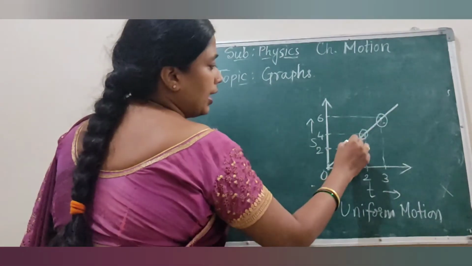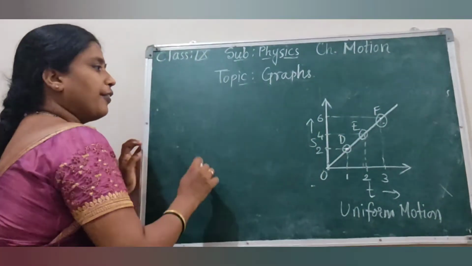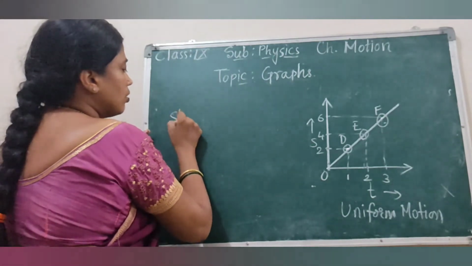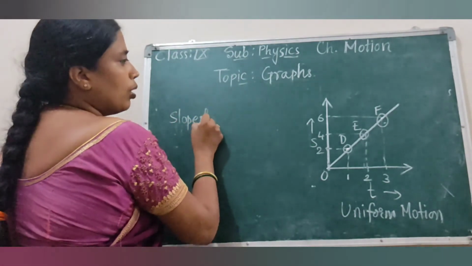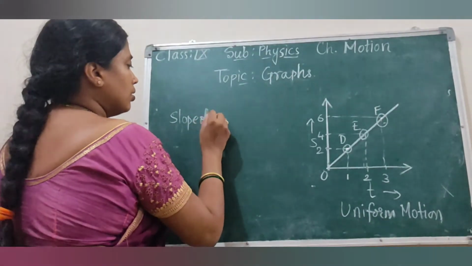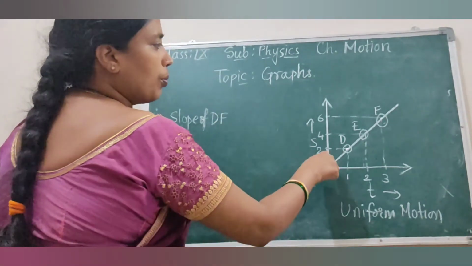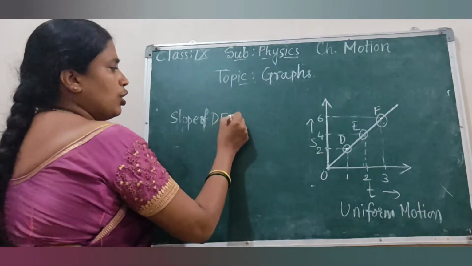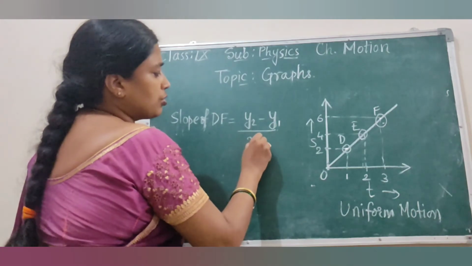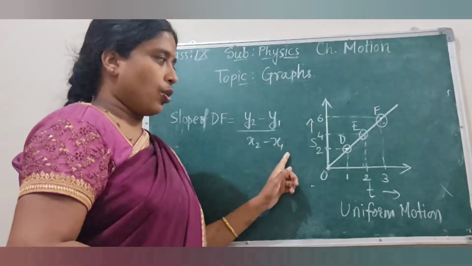Okay. Now, suppose, let us say this is point D, this is point E, and this is point F. So, if you are finding the slope of this line, it means slope of DF, or if you are finding the slope of OF, both have the same meaning. So, y2 minus y1 upon x2 minus x1, meaning y coordinates and x coordinates.